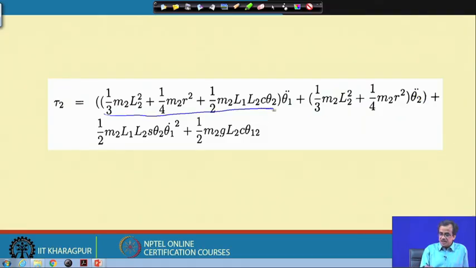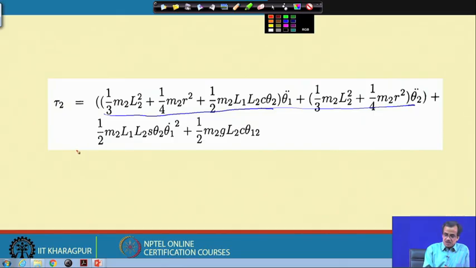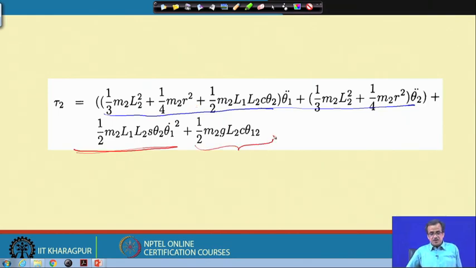So, these are all inertia terms. This is multiplied by theta 1 double dot, this is multiplied by theta 2 double dot, and then we have got another term here. This term is actually the centrifugal term involving theta 1 dot square, and we have got the gravity terms.